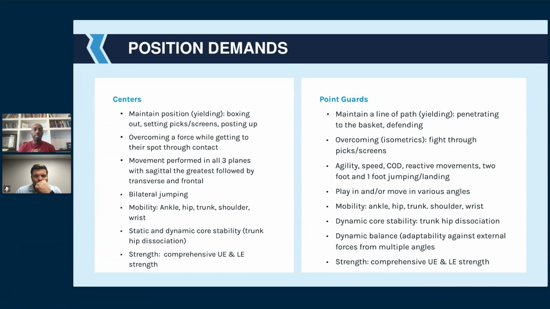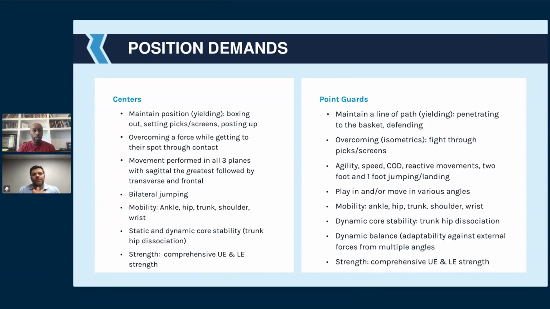The second piece is the centers are a little bit more robotic, right? And so they perform movements on all three planes, but they're not changing positions and changing direction as fluidly as your guards, right? And so you look at guards, point guards, and regular guards. They rely on speed, agility, change of direction, reactive movements. They're jumping off 2 feet and 1 foot, right?